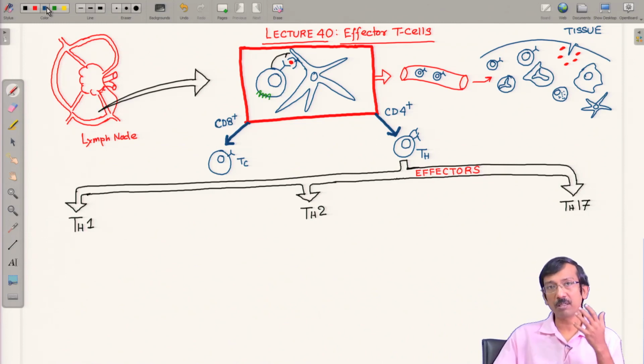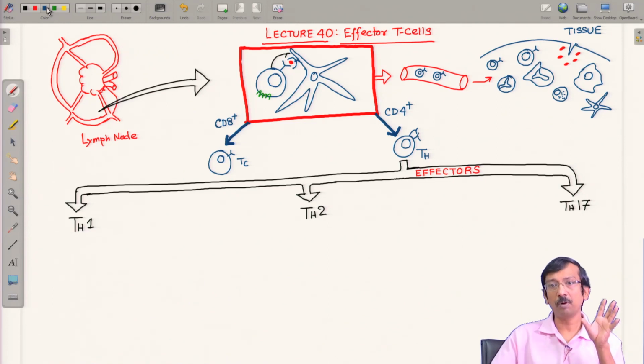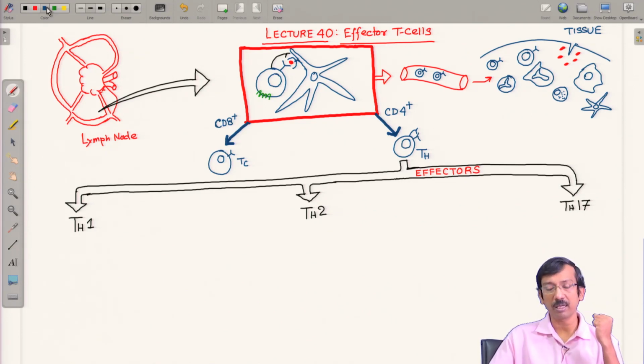We have not yet discussed the complement proteins, the complement system, which we will be discussing very soon, which are antibody mediated effector mechanisms. So, we have learned some of the effector mechanisms by the T and the B cells, and also the development of these 2 cell types, their differentiation and all these things.